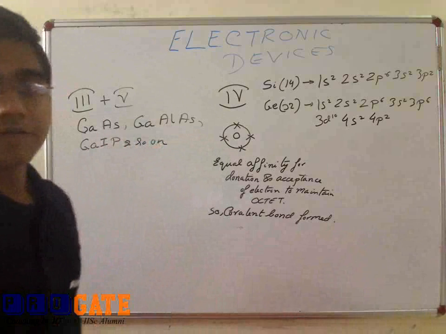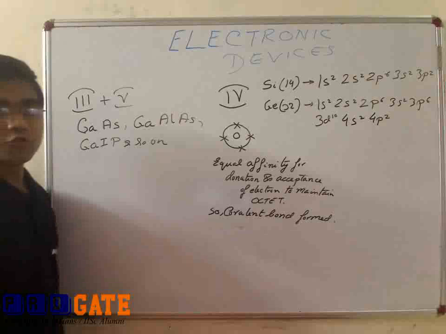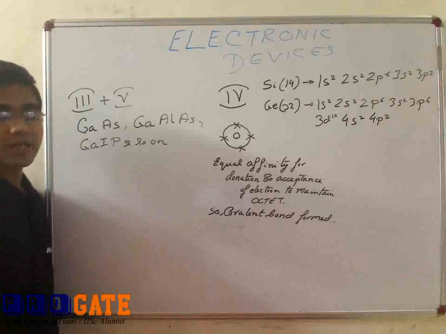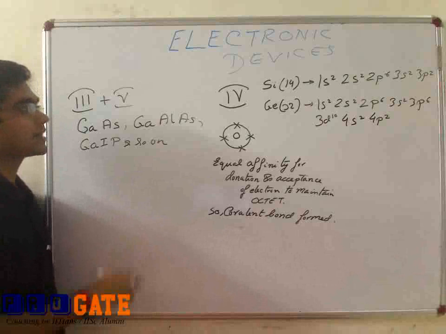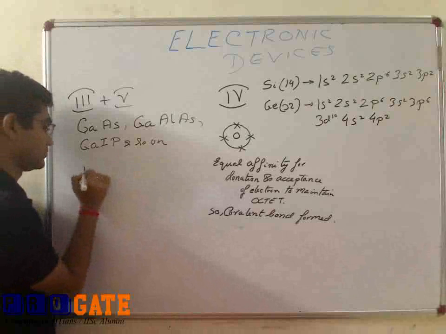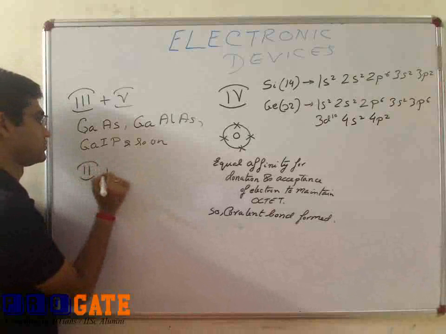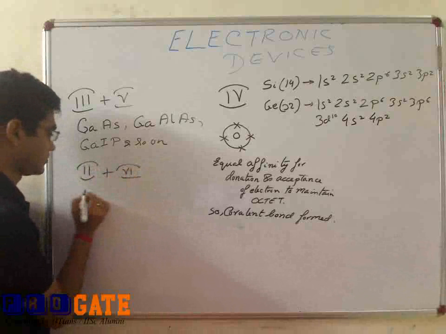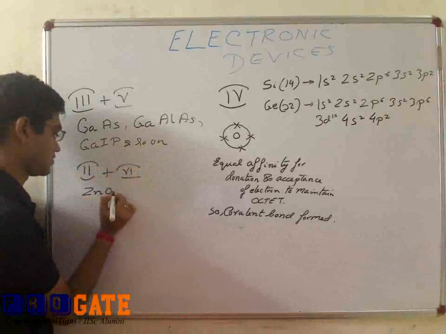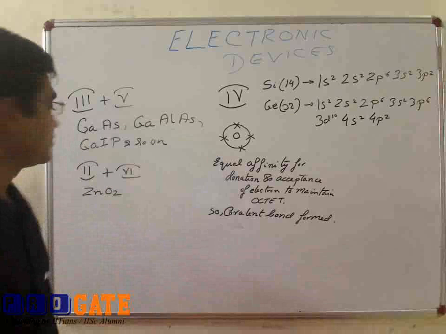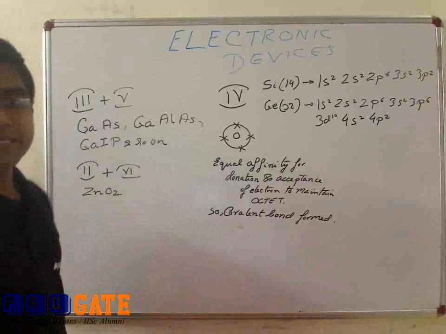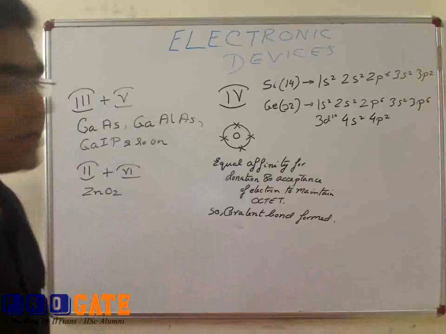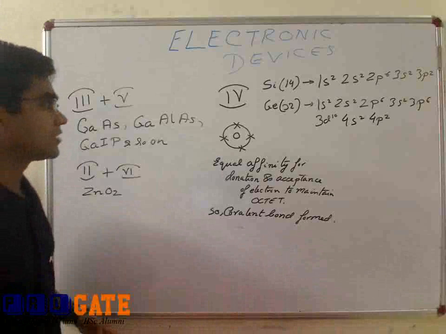We can also have group 2 and group 6 elements combining to get semiconductor materials. For example, we have zinc oxide, ZnO.